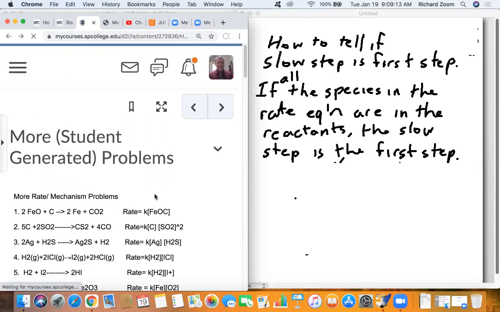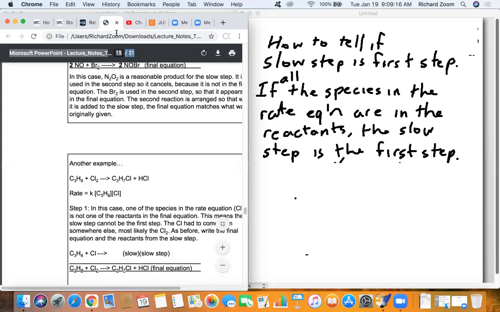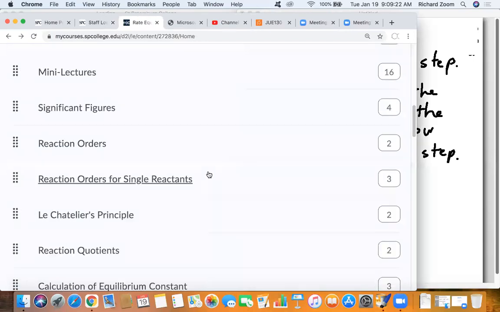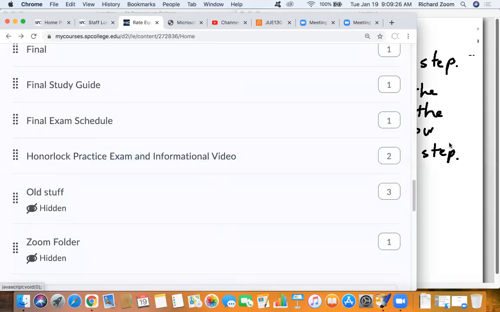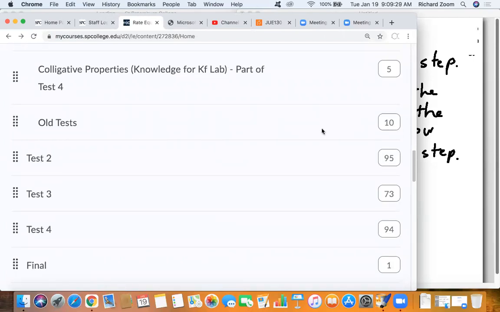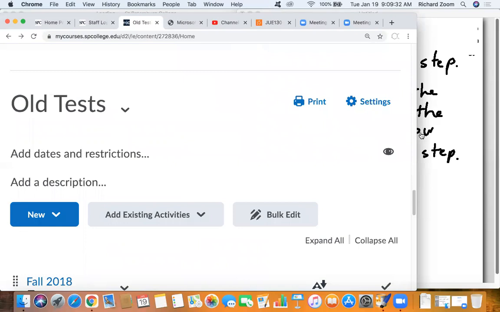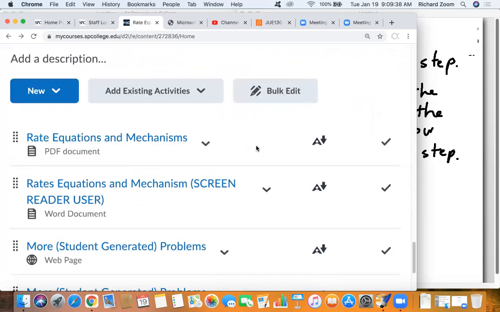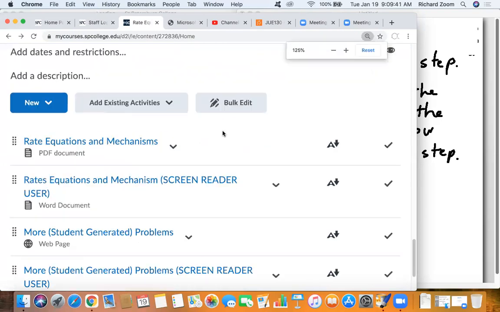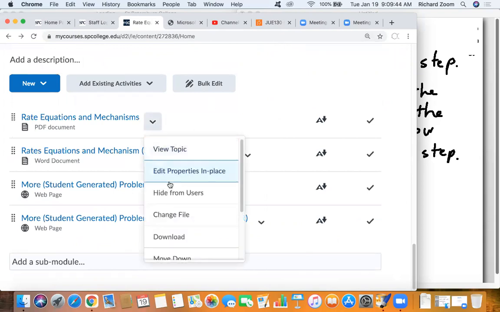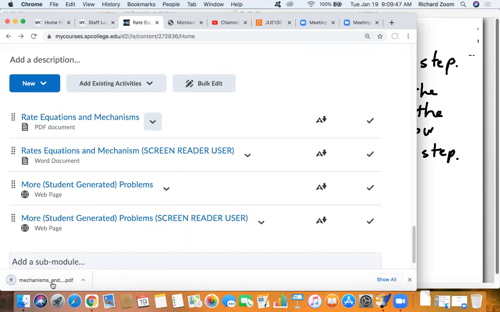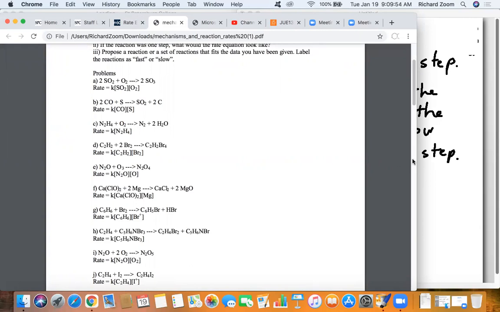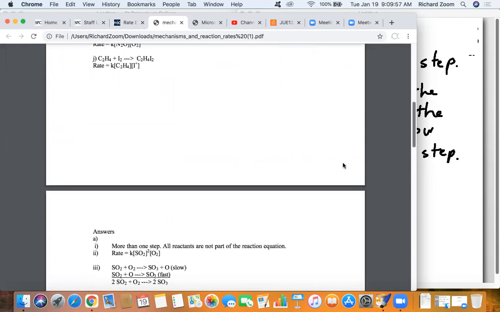Let's go back to the problem set that I had over here. We'll do an example here for now.